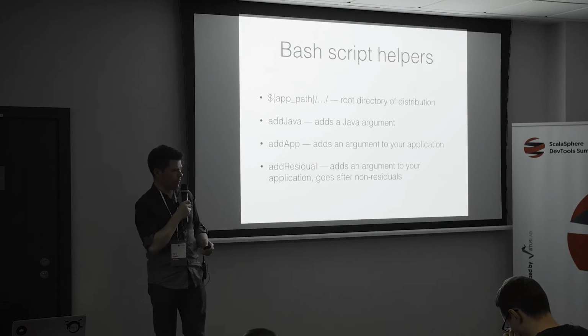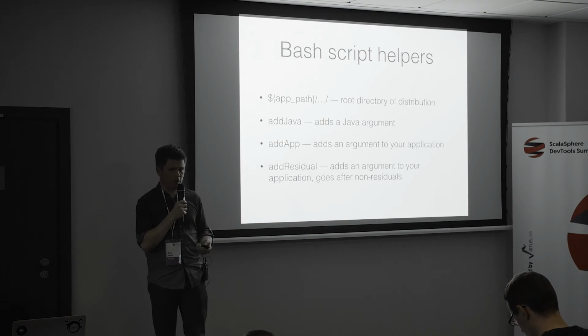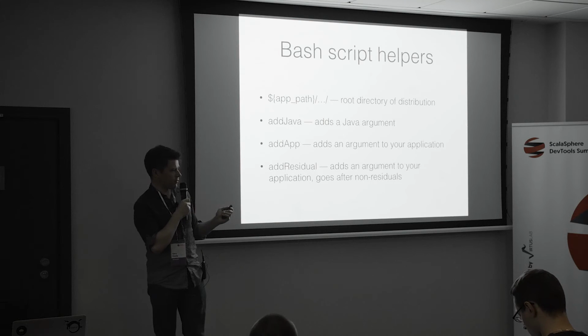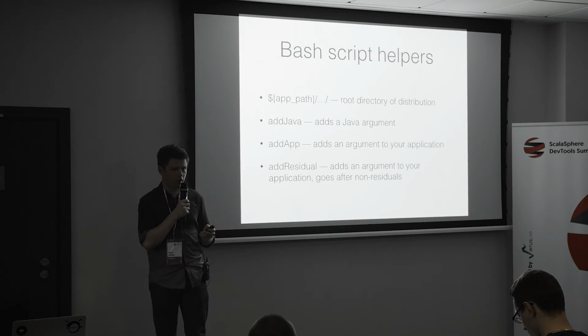There are some helper functions in the bash script that are quite useful if you're trying to do various things. These are probably the most useful ones to look at. First of all, there is a setting app path, which is the path to the start script. Sometimes you may have to refer to a Java agent or something using an absolute path.